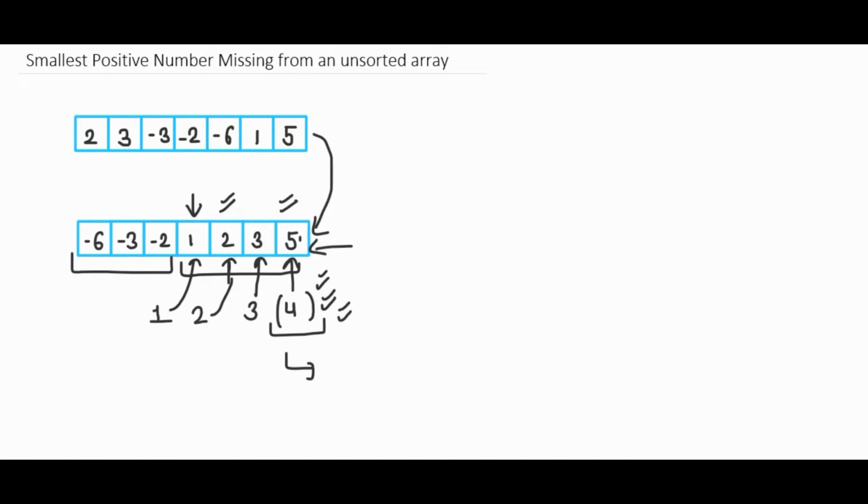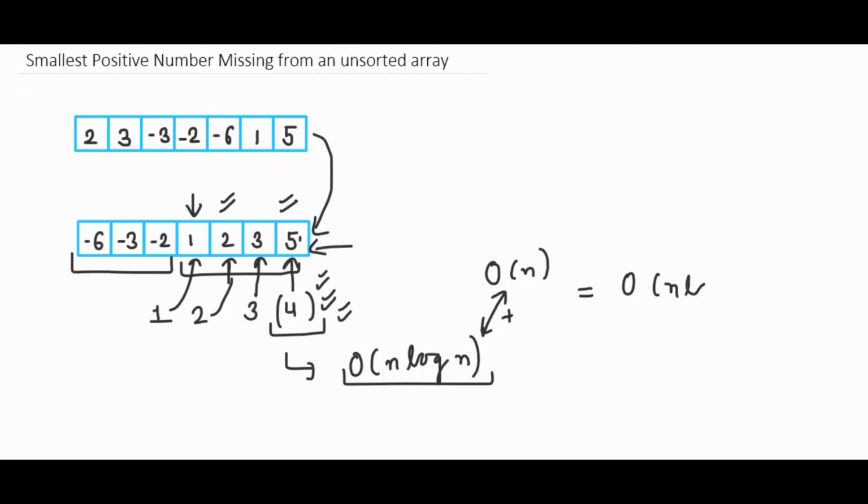This is the sorting solution, and it will take big O of n log n time, as sorting takes big O of n log n time, and we have to traverse this array only once, which will take big O of n time. So the total time complexity will be big O of n log n, and we are not using any extra space, so space complexity will be big O of 1 only.